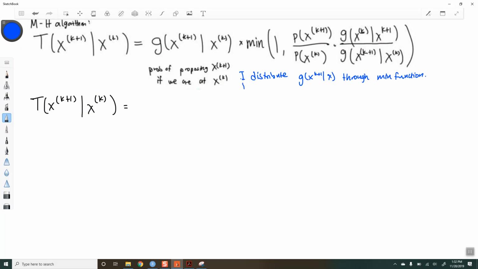Okay, and then I will also multiply by basically 1, the fraction p of xk divided by p of xk.